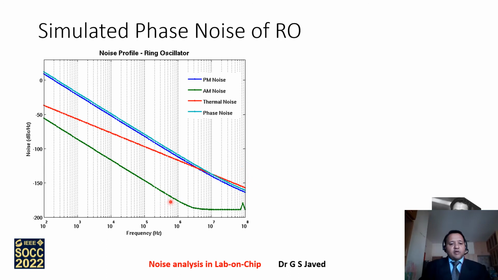So the cumulative impact of the green, red and dark blue curves is given in the final phase noise curve in light blue. And you can see the free running oscillator has a profile where it starts at almost greater than 0 dBc at 100 Hertz, and goes all the way to minus 150 dBc at 100 megahertz.